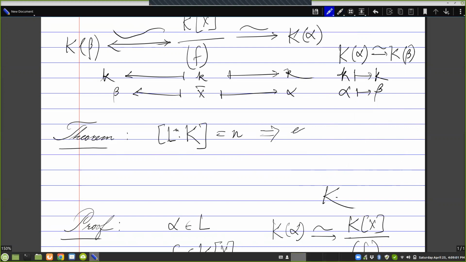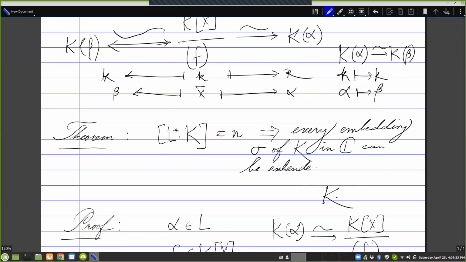It means every embedding sigma of K in C can be extended to L in n number of ways.